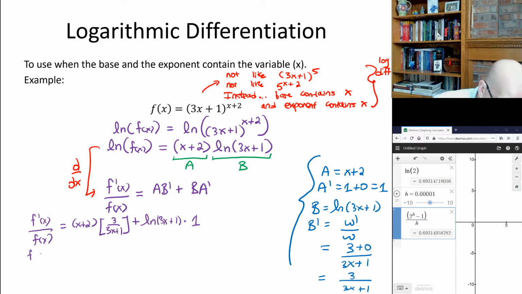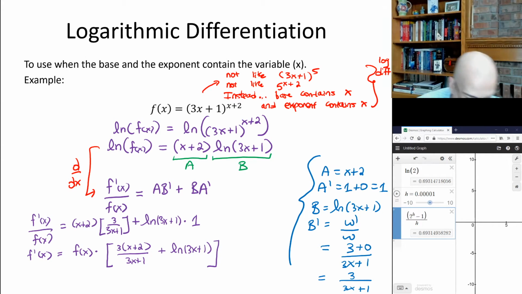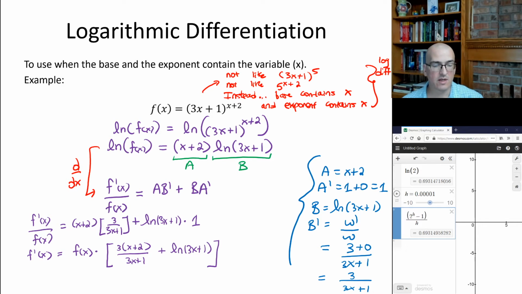So f prime of x equals f of x multiplied by x plus 2 all multiplied by 3, so 3 times x plus 2 all over 3x plus 1 plus the ln of 3x plus 1, and I'm going to hide the multiplication by 1. Okay, we're almost there. It's important to identify that f of x piece is multiplied by those two pieces, both of the components from the product rule that we found.